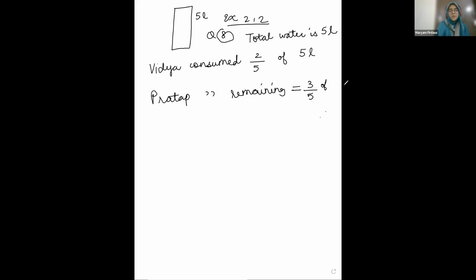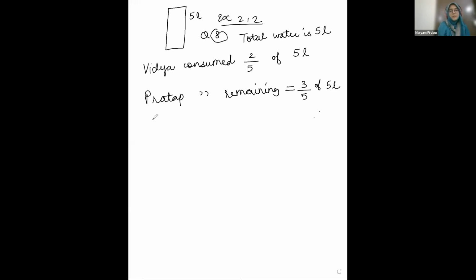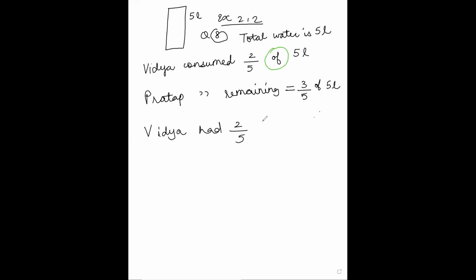Of 5 liters. So can you tell me, Vidya had 2 by 5 of, in English, what does of mean? Multiply. Multiply into 5 liters, which is 10 by 5.